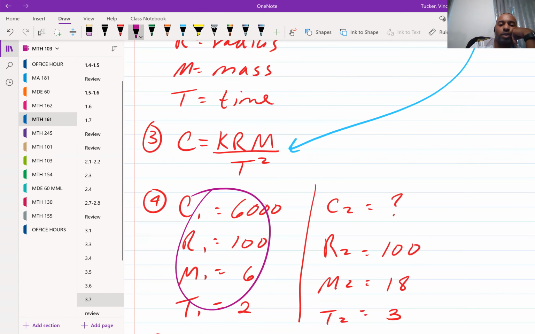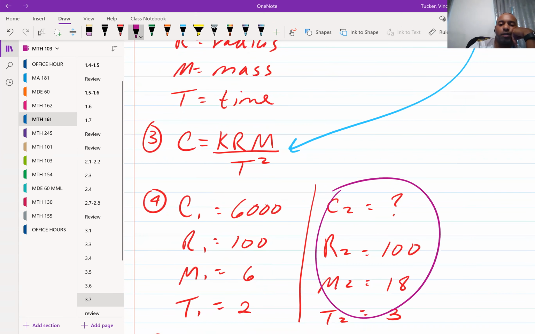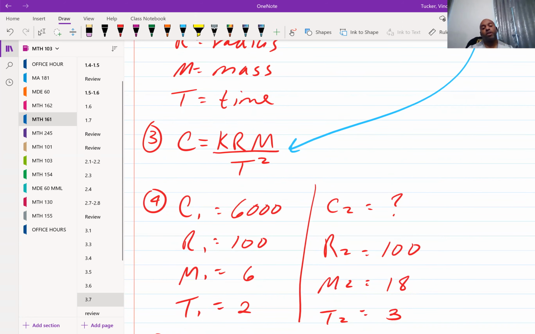They give us all of one set of information. Then they give you everything except for one piece in the second information. That will always be the case with the problems that you get. You'll have all of one relationship, then you'll be missing one piece of the second relationship. Any problems, any problems?